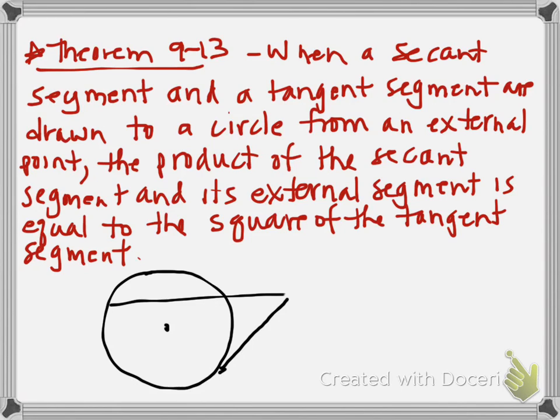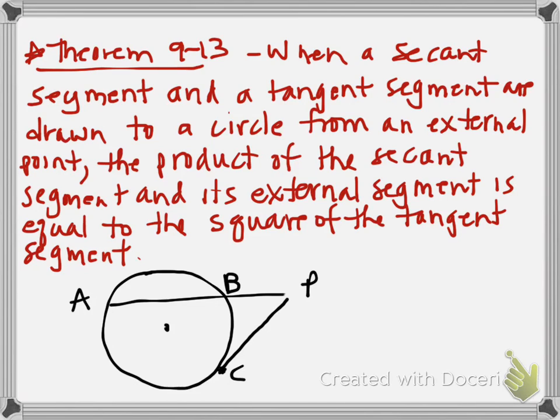Now notice it says tangent segment. It doesn't say tangent. So it's a segment that is tangent to the circle. So that's its point of tangency. So we'll call this point P, we'll call this A, we'll call this B, and we'll call this C.